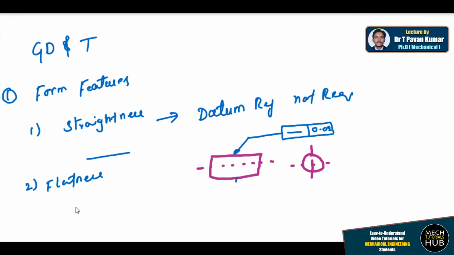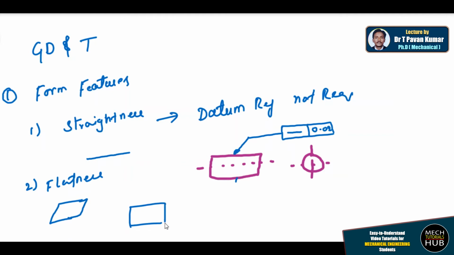The symbol of flatness looks something like a parallelogram. This flatness can also be shown on a component's top surface.